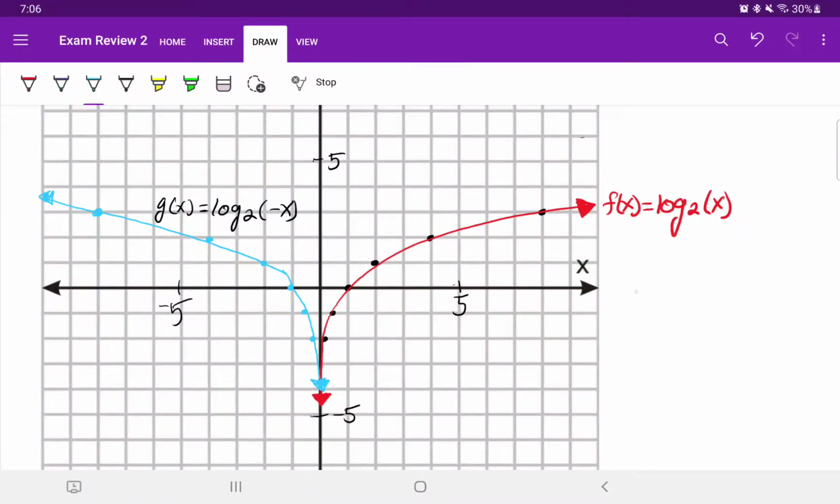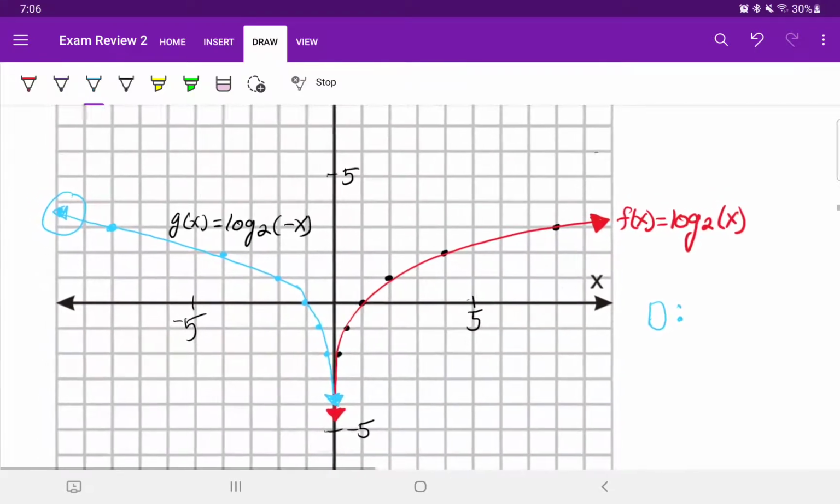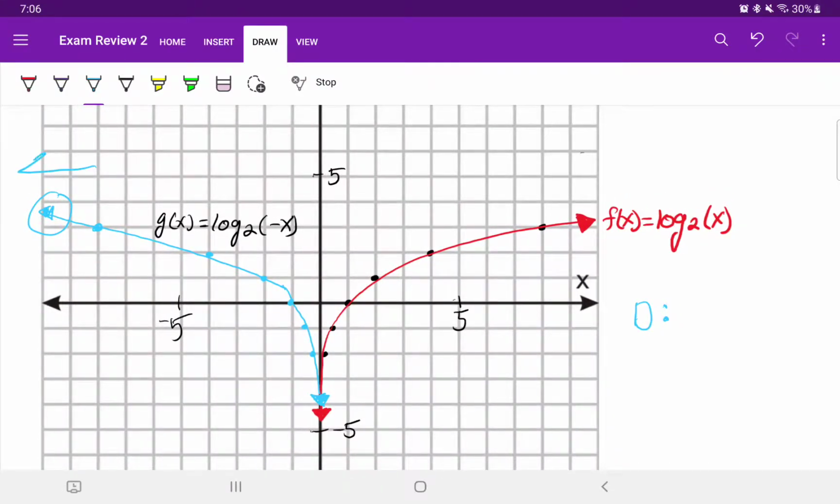Let's find the domain of that function. Domain is the set of all possible x values for the function. Look at the left side of the function. This function goes forever and ever towards the left, which means the x values are decreasing indefinitely. And when x decreases indefinitely, that is approaching -infinity. So this right here is going to be -infinity. Start from -infinity and come all the way, moving more and more towards the right.